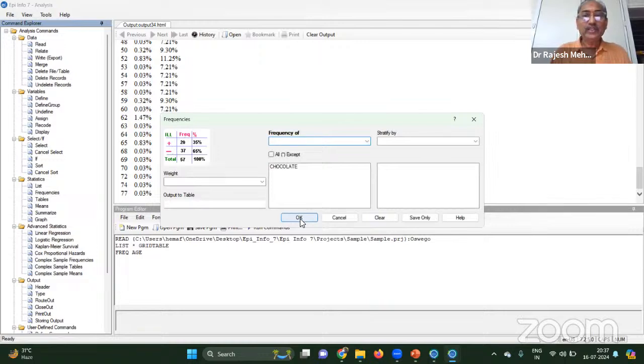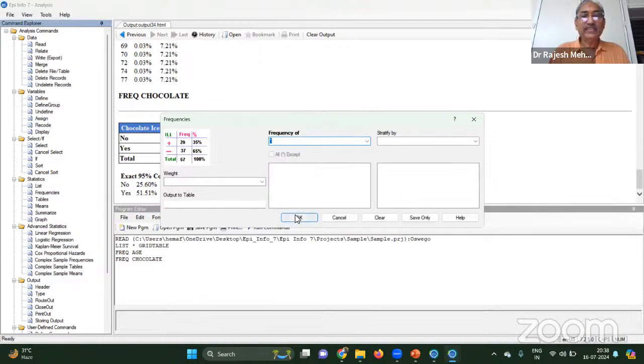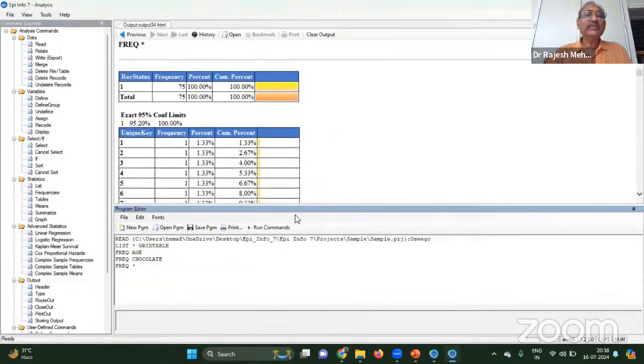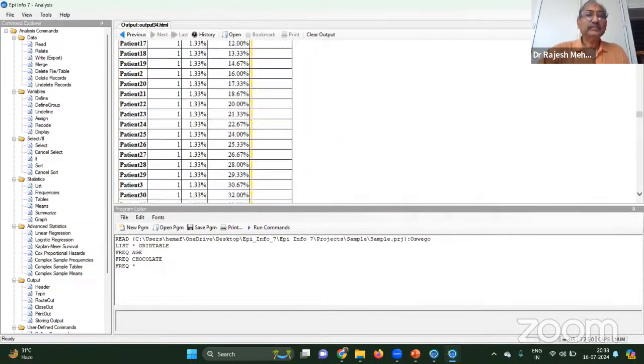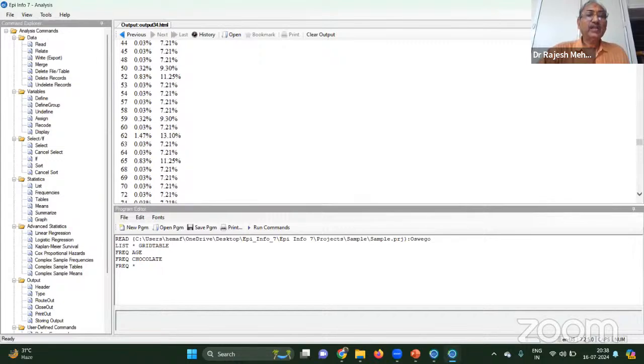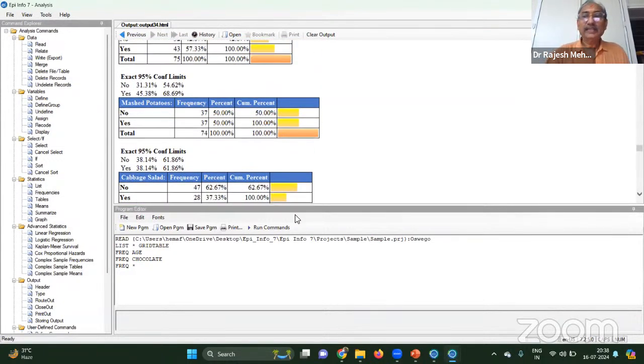How many people took chocolate? That will be there: 27 not taking chocolate, 47 took chocolate, 36% and 63%. This is data analysis. But if you don't have much time, you just use frequency star, and then you will get the frequency of all the variables analyzed as far as frequency is concerned.